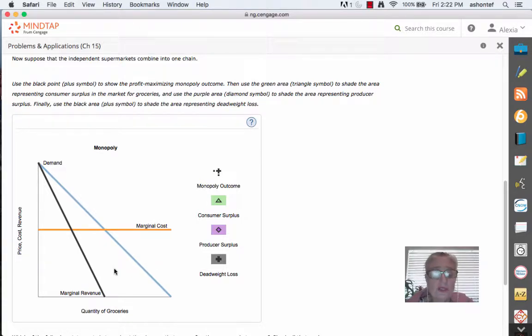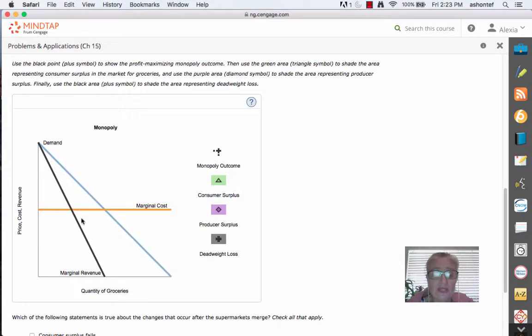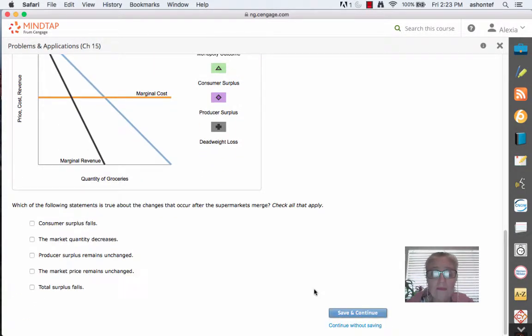Monopolies are just like perfectly competitive firms in that they decide to produce where marginal revenue equals marginal cost, and then they price accordingly. So refer back to the review part where we started this question to figure out where your consumer surplus, producer surplus, and deadweight loss would be represented in this picture. I think you should be able to do that.